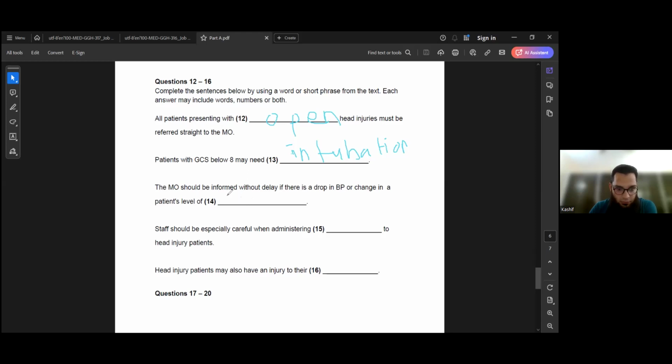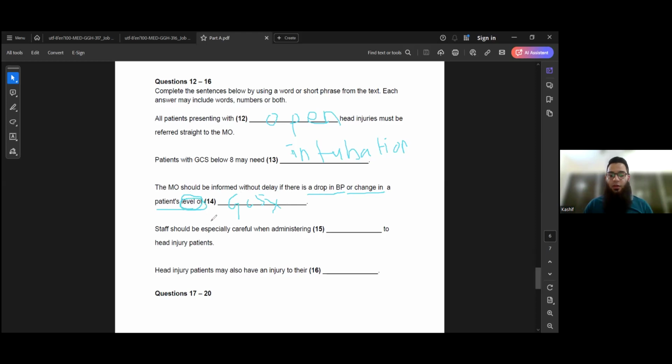The MO should inform without delay if there is a drop in BP or change in the patient's level of. Now, this is also very confusing. Maybe some people have written GCS, but it is wrong. There is no level of GCS.